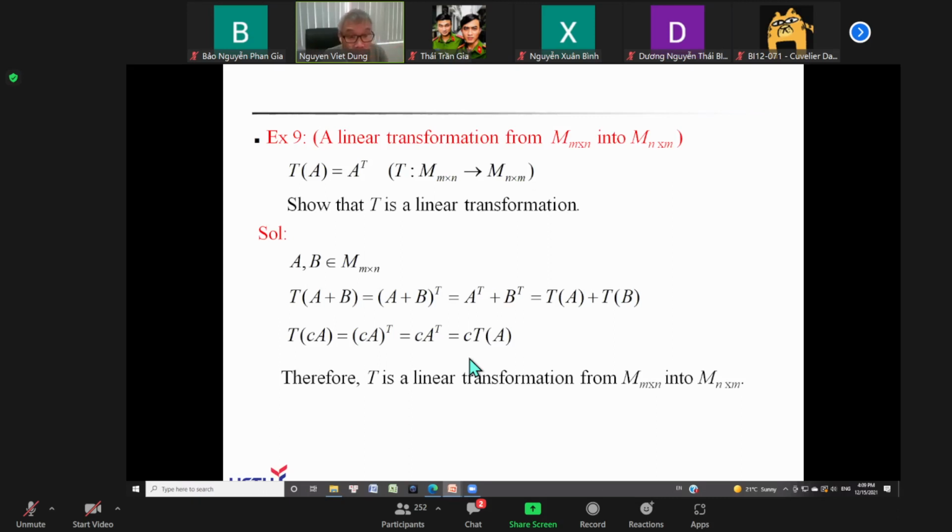Why is that? Because we need only to verify two axioms in the definition of a linear transformation. And that is very easy to verify because we know already the property of the transpose of a matrix. So I leave it for you to read the slide by yourself.